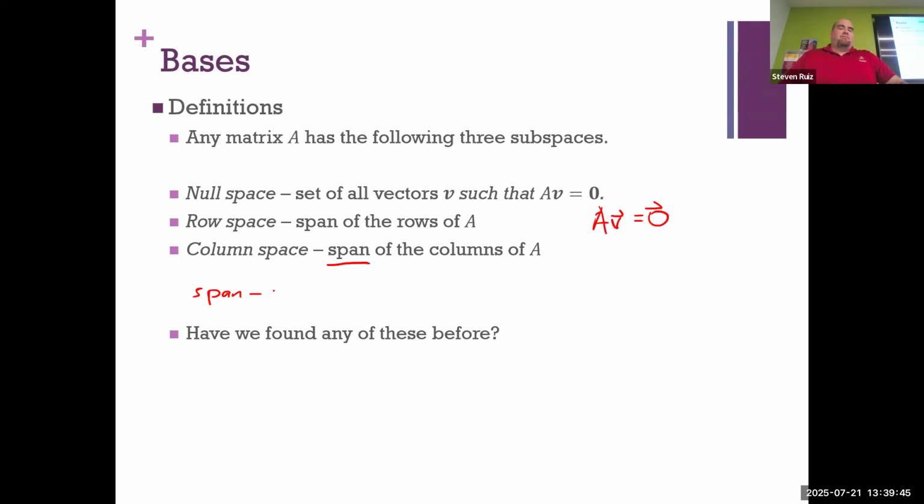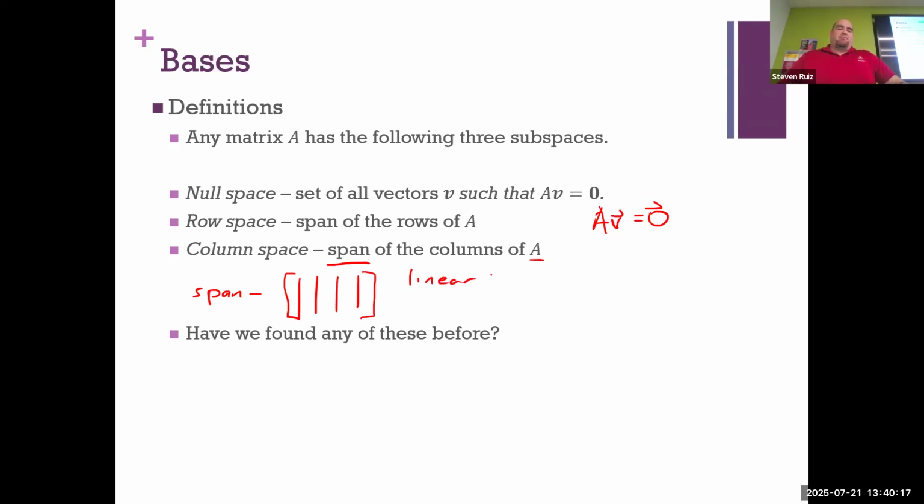What's linearly independent here? The vectors in A. They might be, but they don't have to be. So let's say we have a matrix with a bunch of columns in it. The span of all those vectors is all the linear combinations.